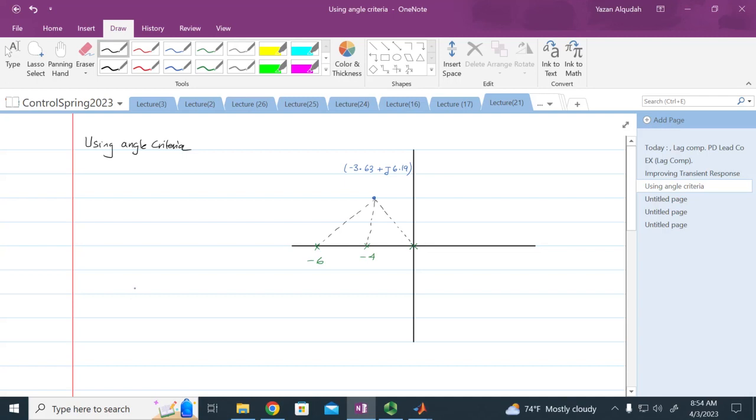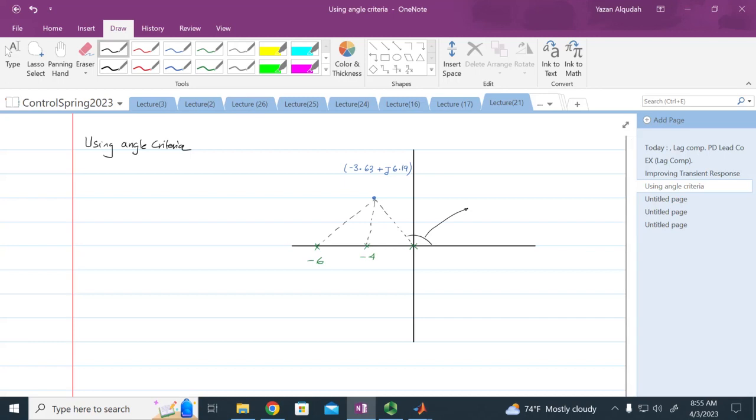I'm going to calculate the angles from all these locations. And then I'm going to use the angle criteria to see how much I need to add to be on the root locus. Okay. So if I look at this angle, what is this angle equal to?